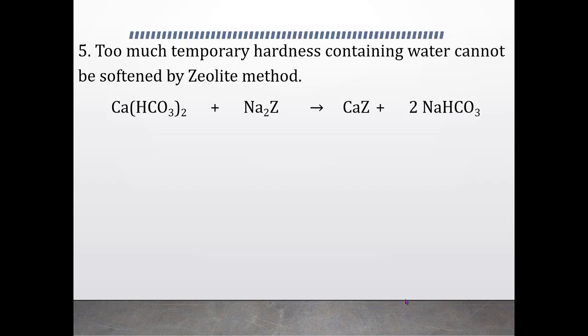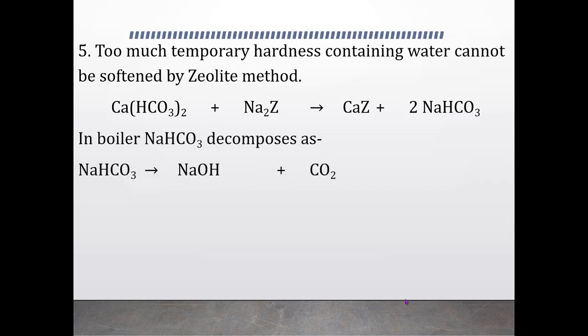Now what happens exactly if water with too much temporary hardness is passed through the zeolite? In this case we know very well that calcium bicarbonate is responsible for the temporary hardness. So it reacts with Na2Z, and obviously we will get CaZ, but along with that we will get NaHCO3, means sodium bicarbonate. And what happened exactly? Sodium bicarbonate decomposes into NaOH and CO2, and I think everyone is aware of NaOH.